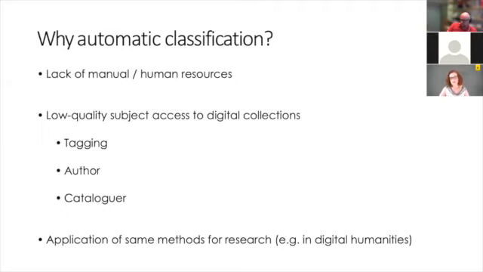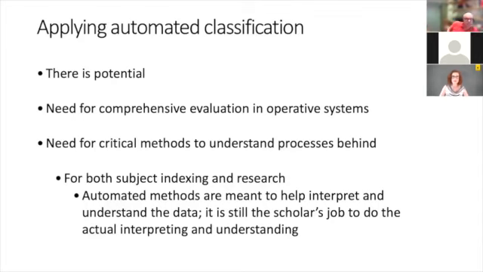Also, similar methods can be applied for research. So there is certainly potential when it comes to application, and semi-automated means are really the way forward. However, it's still a big research agenda to have comprehensive evaluation conducted in operative systems. And we also need critical methods to understand the processes behind, both in terms of subject indexing and research.